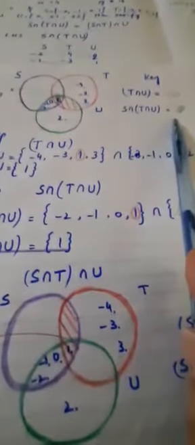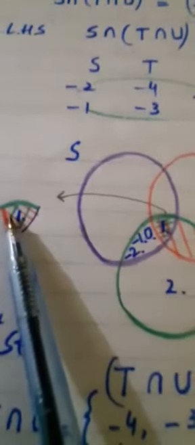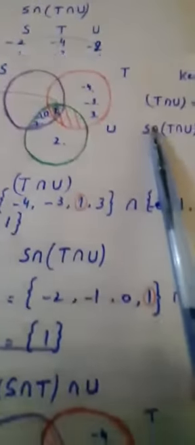Then for the second step, when we add set S also, we will do double shading by showing with the green color. So in this portion which is highlighted here, we can see that double coloring is there by two colors, and in this way we will prove this.